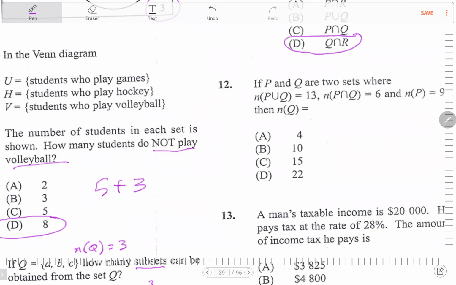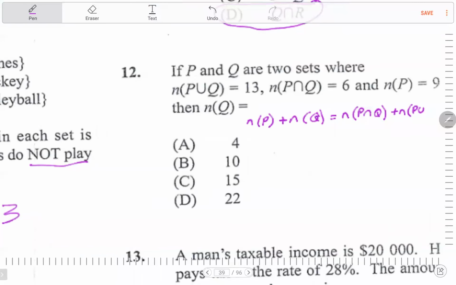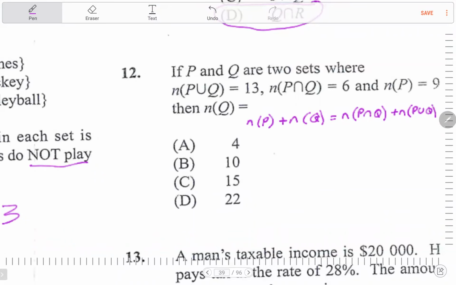So remember now, the number in P plus the number in Q must equal the number in the intersection, P intersect Q, plus the number in the union, P union Q. And you put in the value that I gave you.